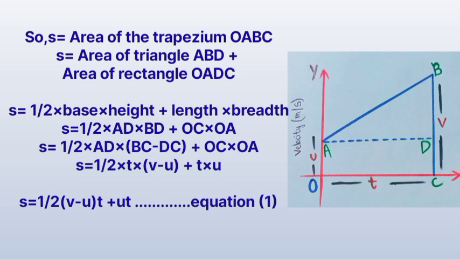We will find the whole area of the trapezium by first finding the area of the triangle ABD and the area of the rectangle OADC, and then adding up these two areas.